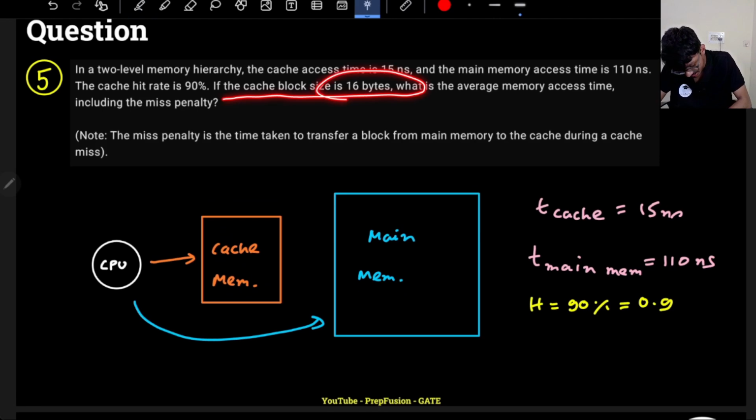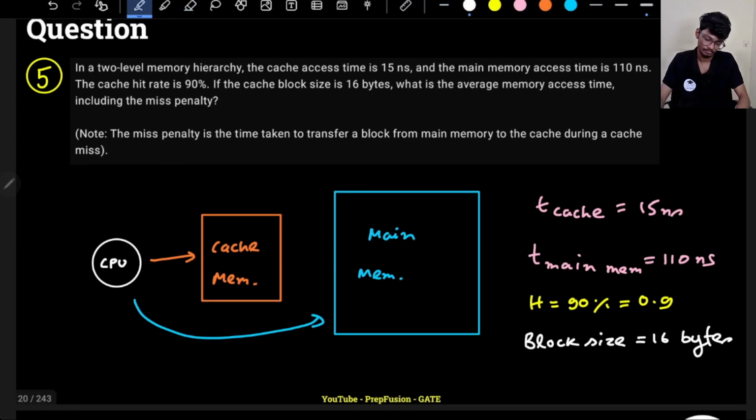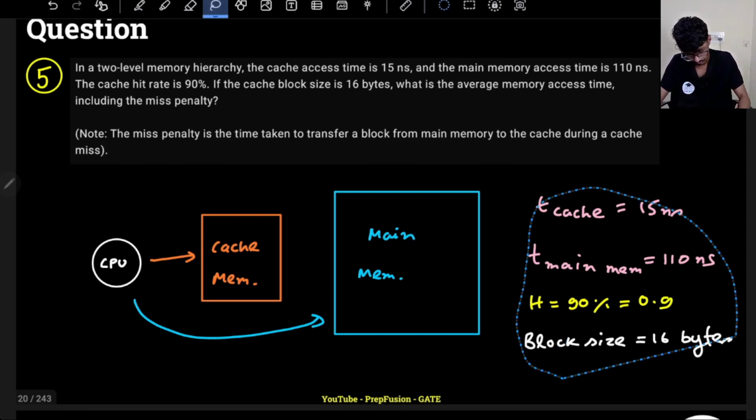The cache block size is 16 bytes. So block size is 16 bytes.